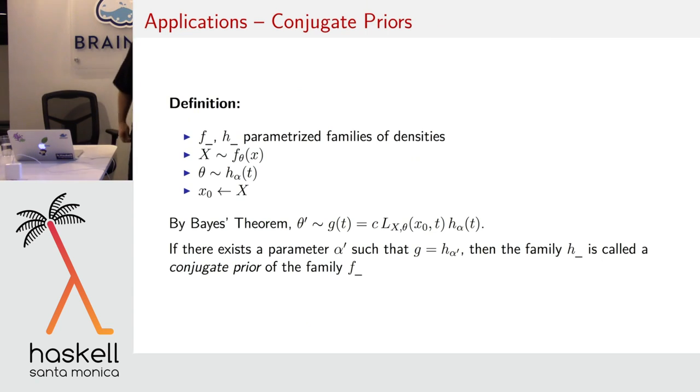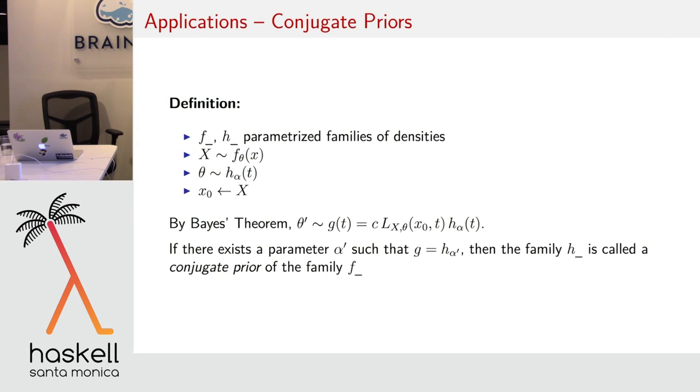And if you smash these together using Bayes' theorem, and if the result falls back into the H family, which is your belief about the unknown parameter of F, then the family H is called a conjugate prior for the family F. So what this ensures, like a closure property, is that if we have a nice way of calculating the H's, in principle we should have a nice way of calculating the posterior, our updated belief.